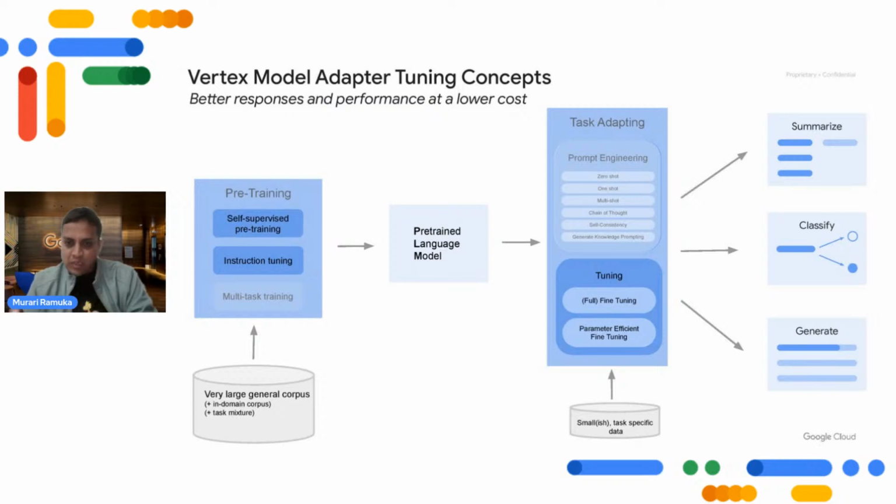There are multiple different techniques you can use to tune it, like fine-tuning and PEFT. Prompt engineering can also solve some of this, but that may not be part of tuning. So this is one of the things you do to tune the model and create an adapter layer which is very specific to the task you want to solve.